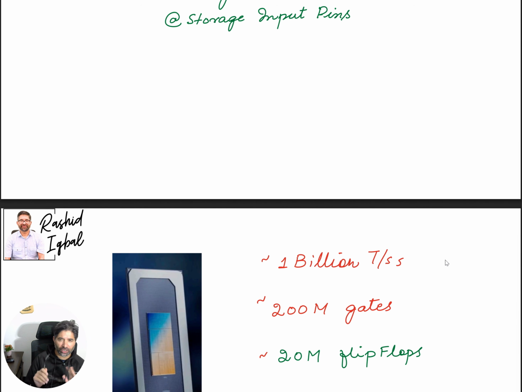So think of that, very rough numbers, 200 million gates. And of the 200 million gates, 10 to 20% will roughly be flops, depending on the design, but just a rough number. That translates into 20 million flip-flops. Again, 1 billion transistors, 200 million gates, and 20 million flip-flops.